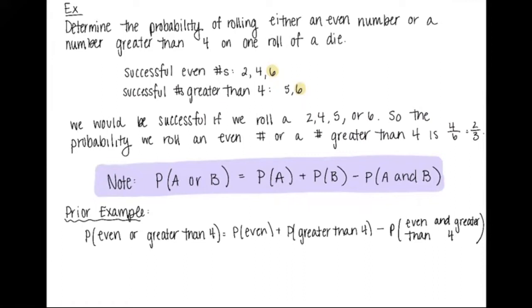So this is that number that fit into both categories. You have one number that's even and greater than 4. So that is the number 6.